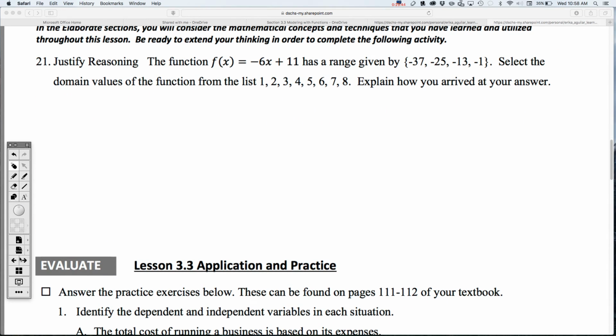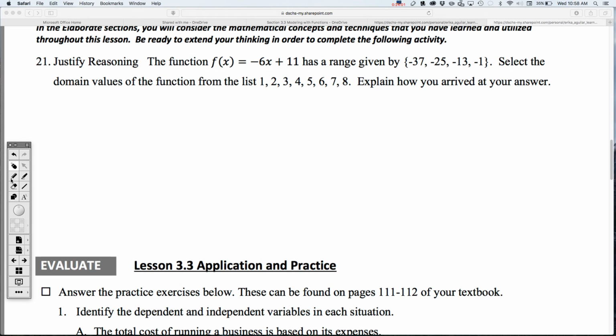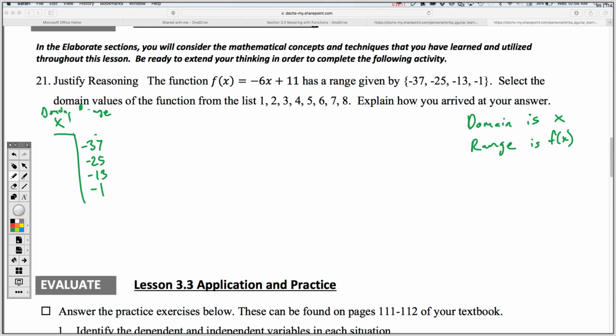So your range is f of x. Reason why I say that is this: instead of y, we're going to start putting f of x.